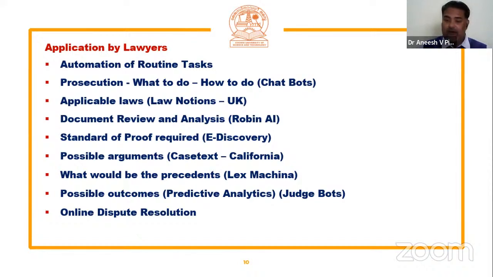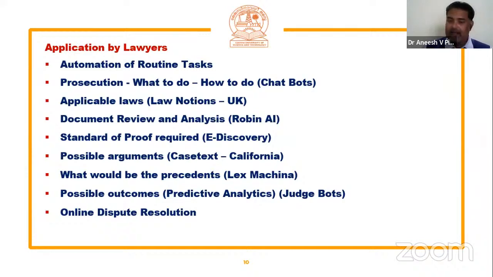They will tell you what would be the judgment, if you proceed in this way, how the case will end, what would be the end result. If you get all this information beforehand, being a lawyer, you can practice in court very effectively and you can save a lot of time and money. That is the advantage of using AI by lawyers.